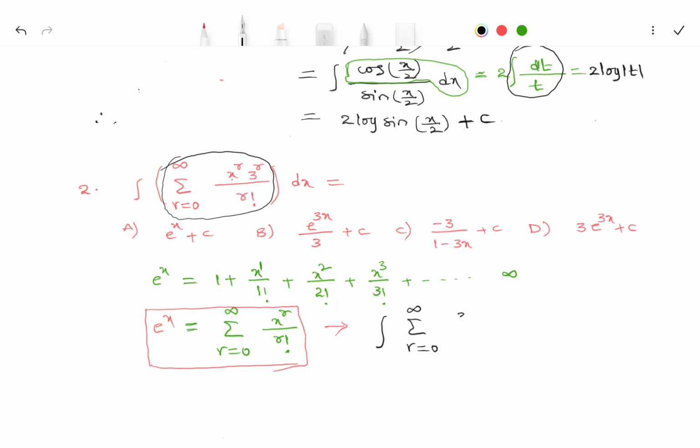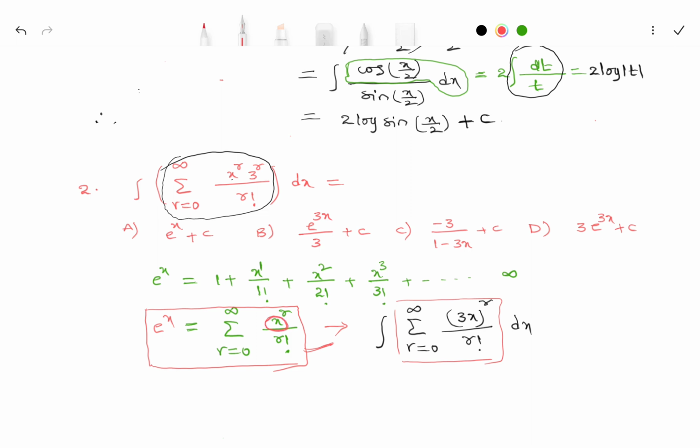You can write that as 3x whole to the power of r divided by r factorial, into dx. Now you compare this result with the earlier result.